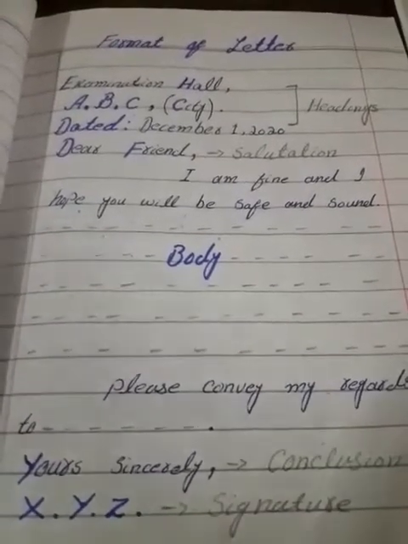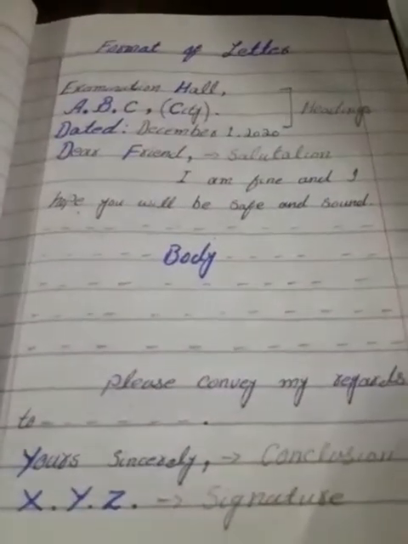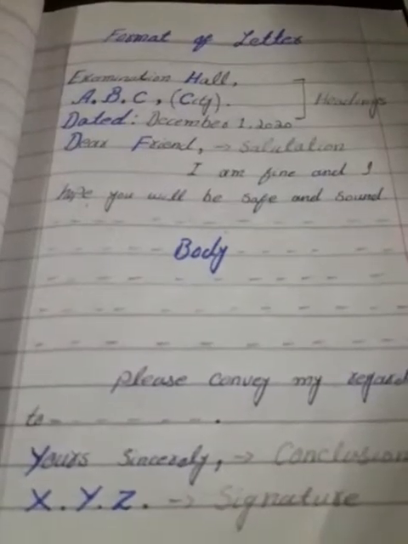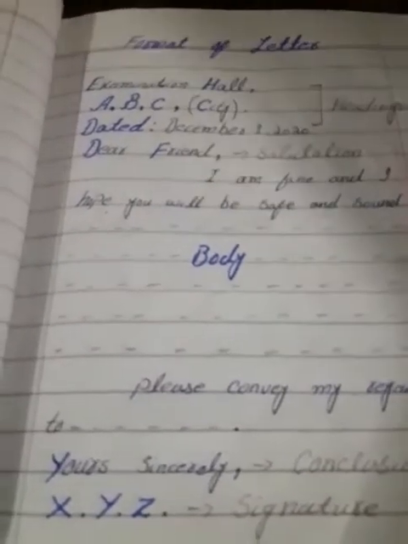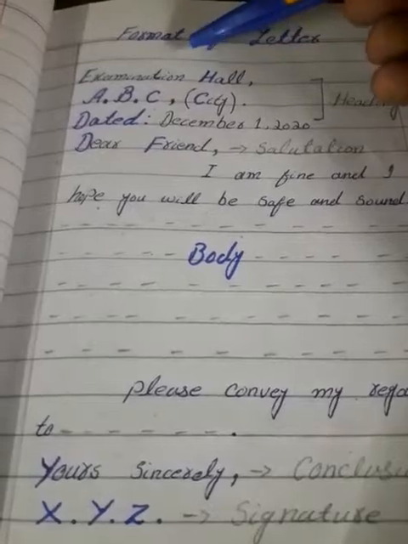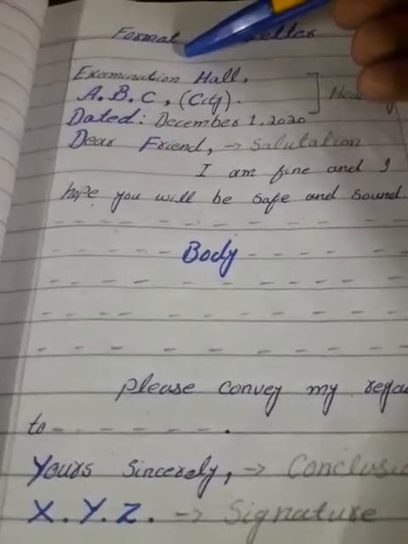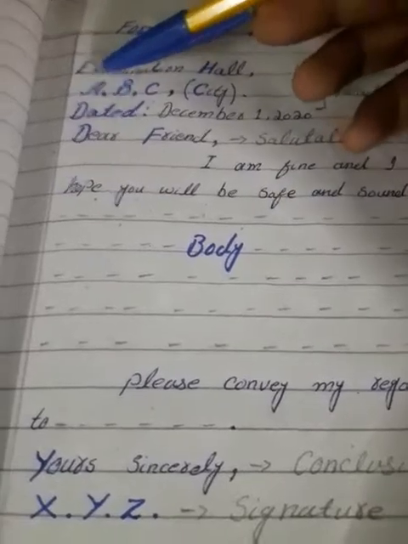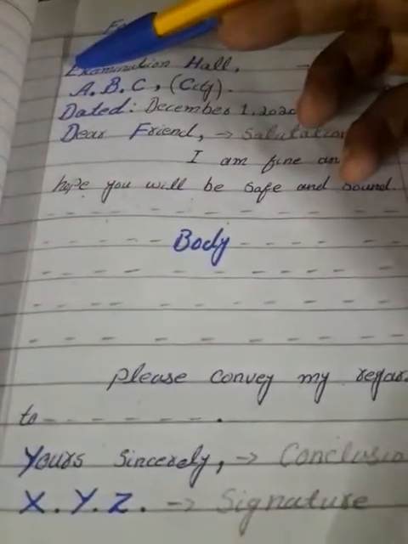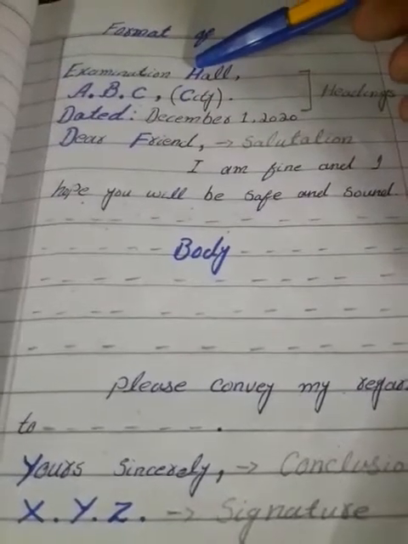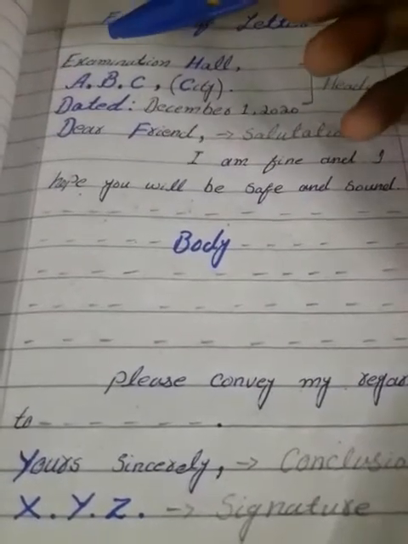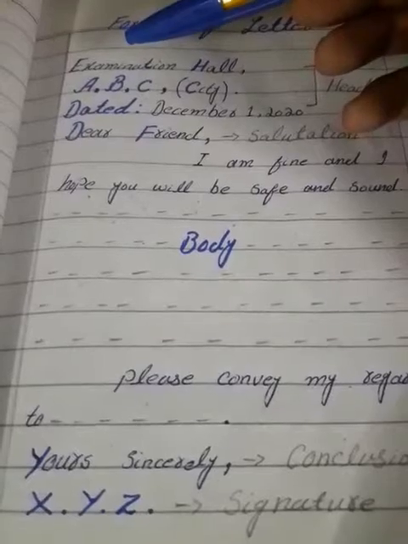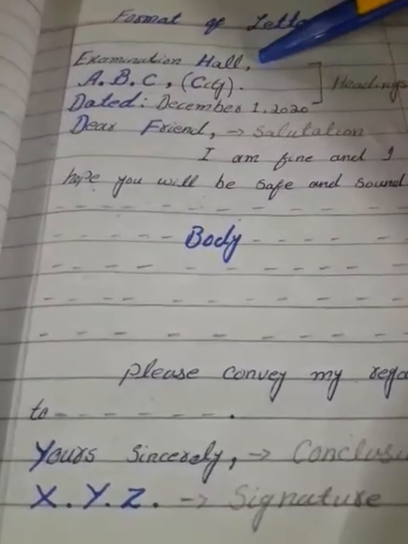But before that I'm going to give you the format of a letter, how to write a letter. You have to write question number 4 here, and then you have to start your letter from here. Make sure that this E should be capital and H would be capital, written with the blue marker: Examination Hall, comma.